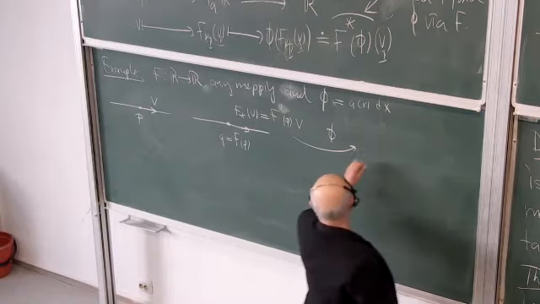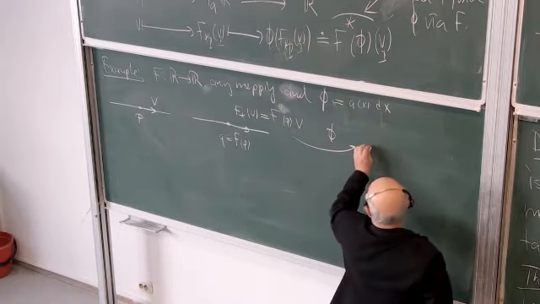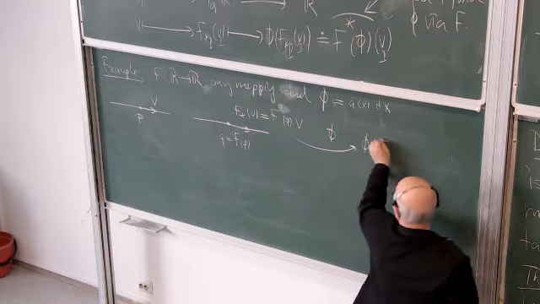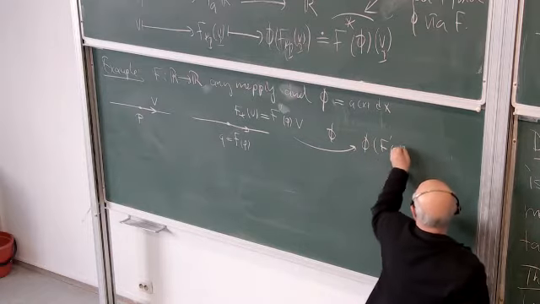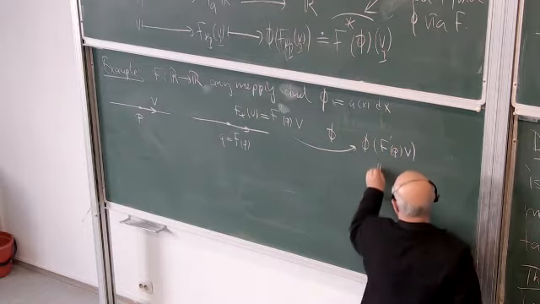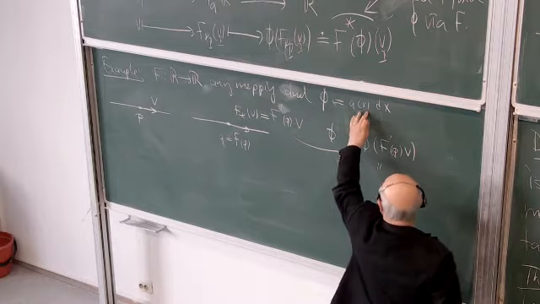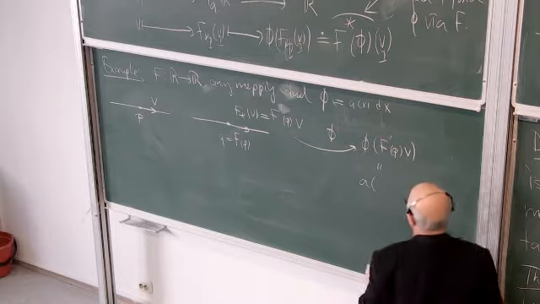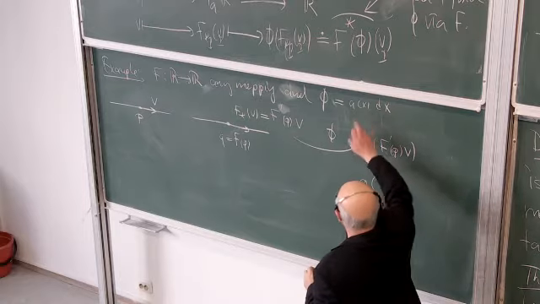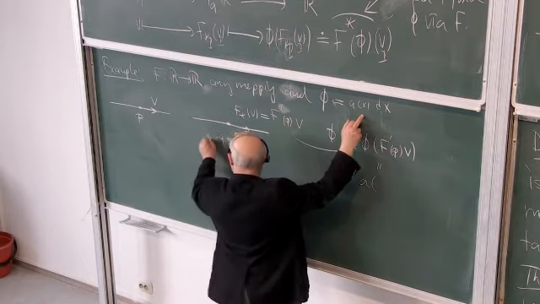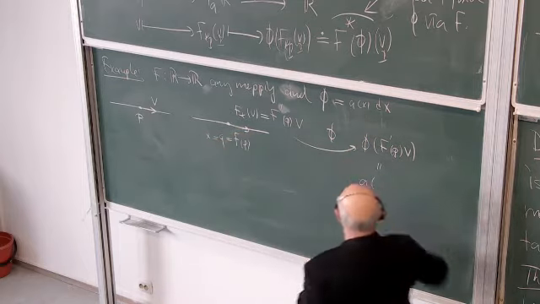So phi of f prime v. So what is this? This is just a at the point. So at which point we have at this point x is equal to q.